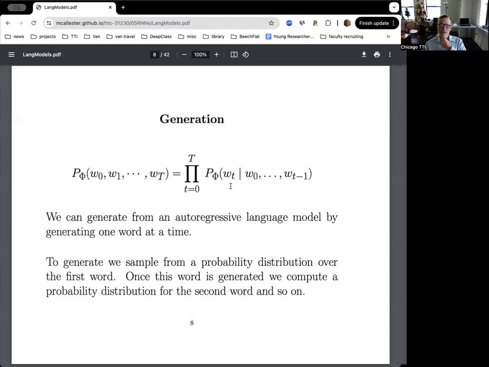Now, another thing that's nice about autoregressive models is if this space, the space of tokens, is small, and 50,000 tokens is small, then you can actually calculate the probability distribution explicitly, compute a probability for each of the 50,000 tokens, and then you can sample from that.